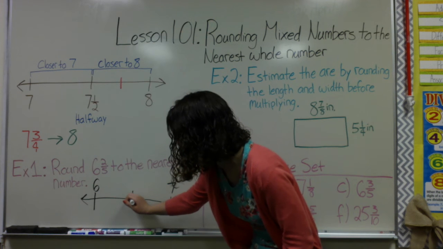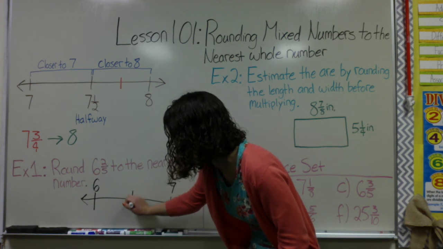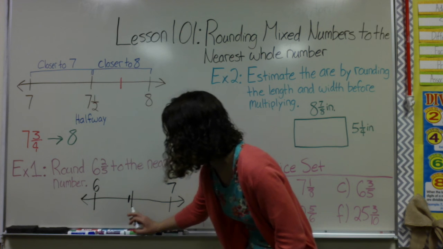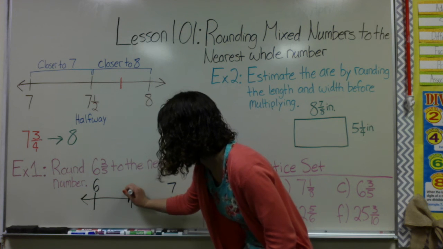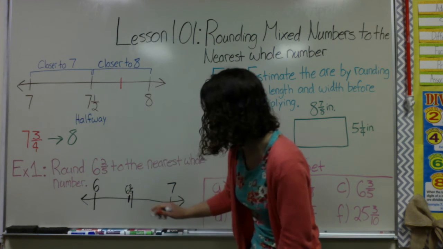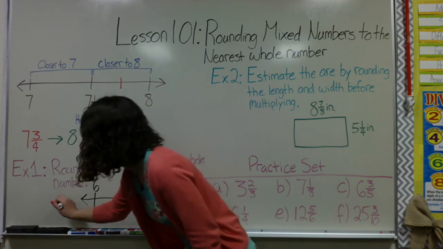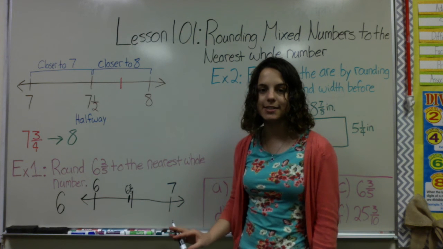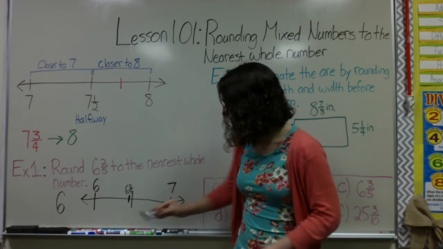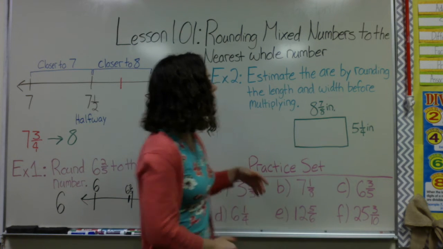So 6 2/5 is going to be right here, and it's still closer to 6, so I'm going to round down, meaning the nearest whole number it rounds to is 6.